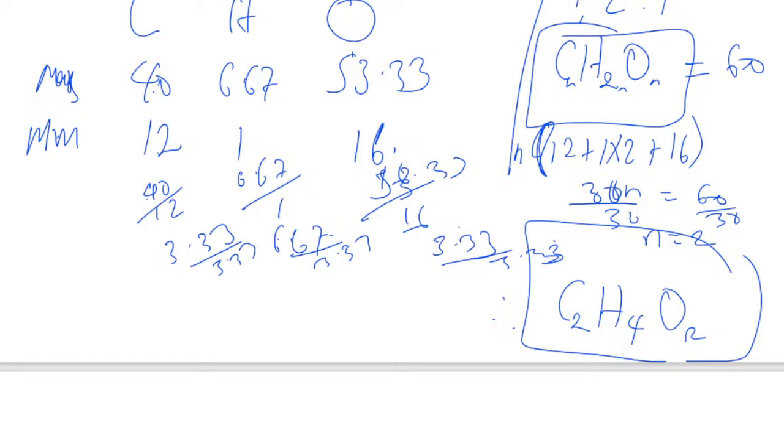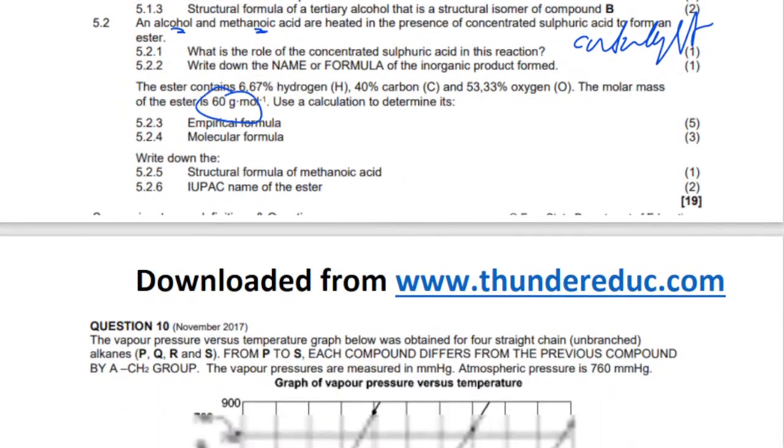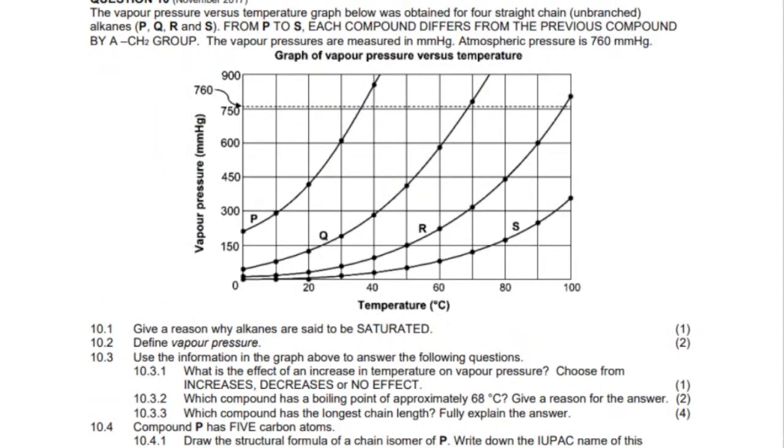I think we are done with the first set of organic chemistry. Let's go to the next question. What is it saying? If you check this physical science, the problem is that students don't give chemistry time.